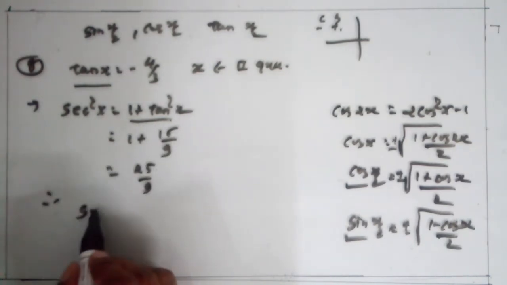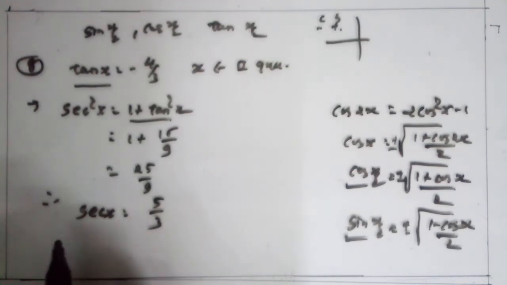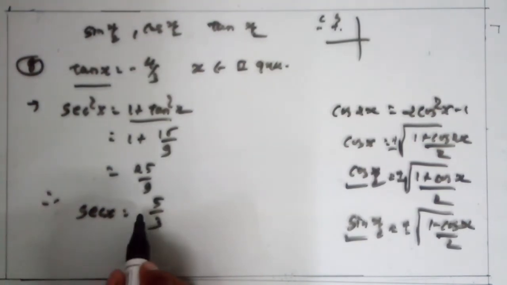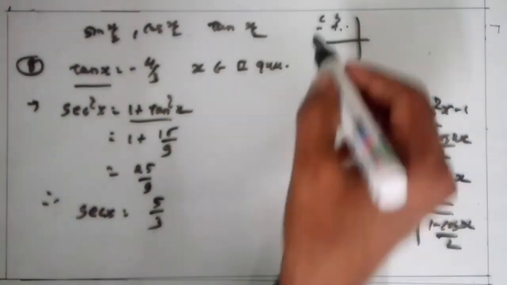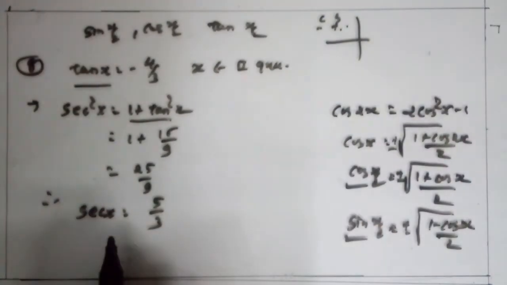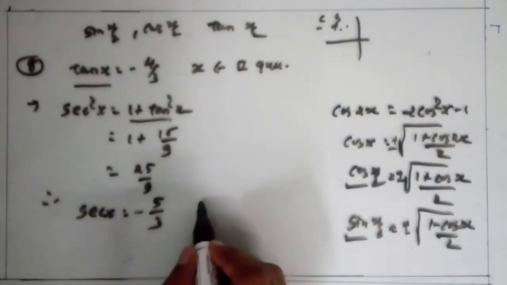Therefore sec x is equal to square root of this, 5 upon 3, and this is plus or minus, and x lies in the second quadrant, and in the second quadrant cos is negative, so sec is also negative, so we apply negative. Clear this?